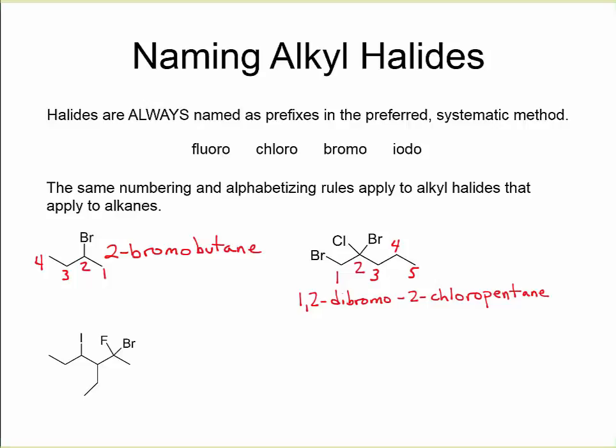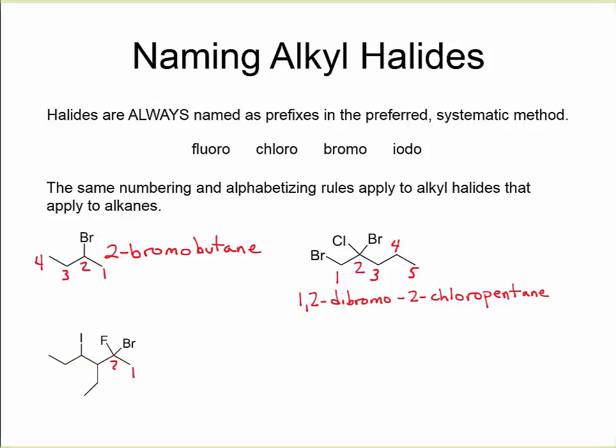For the last example on the page, I have to find the longest continuous carbon chain, and I actually have two. This is a hexane, and this is a hexane. You would want to have the most substituents possible, so this is going to be the carbon chain that we use for our nomenclature.